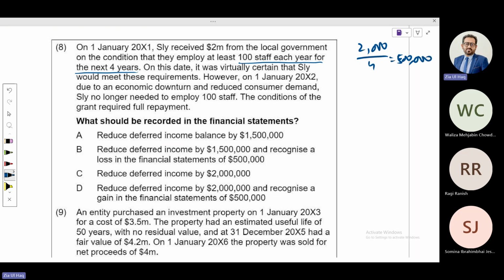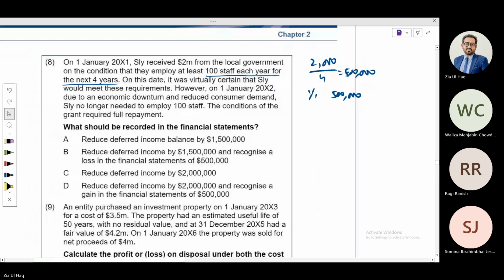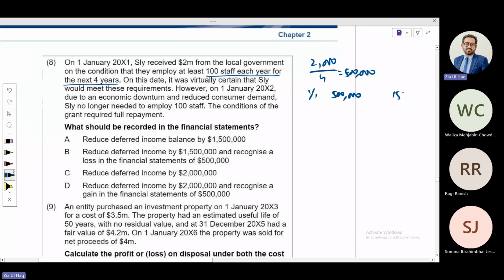On this date, it was virtually certain that Sly would meet these requirements. However, on 1st January 20x2, meaning after 1 year, out of these 2 million that you have received in year 1, you have recorded 500,000 as income and 1,500,000 as deferred income.